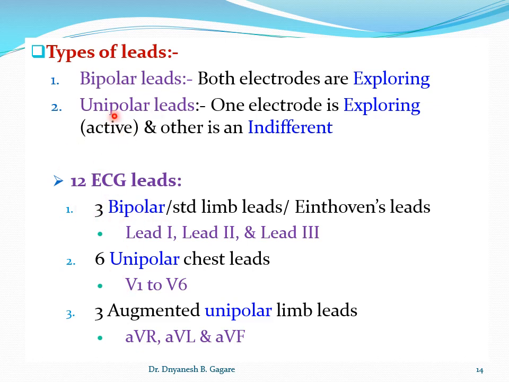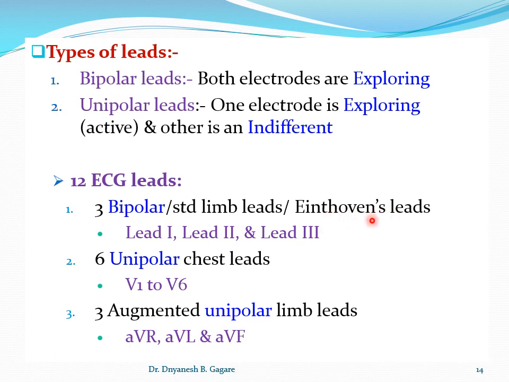Now see again, out of 12 leads, 3 leads are bipolar leads, because here both electrodes are exploring electrodes. And this first group, the bipolar leads, is also called the standard limb leads, or Einthoven's leads. Einthoven is the name of William Einthoven, who discovered ECG, who first recorded ECG.